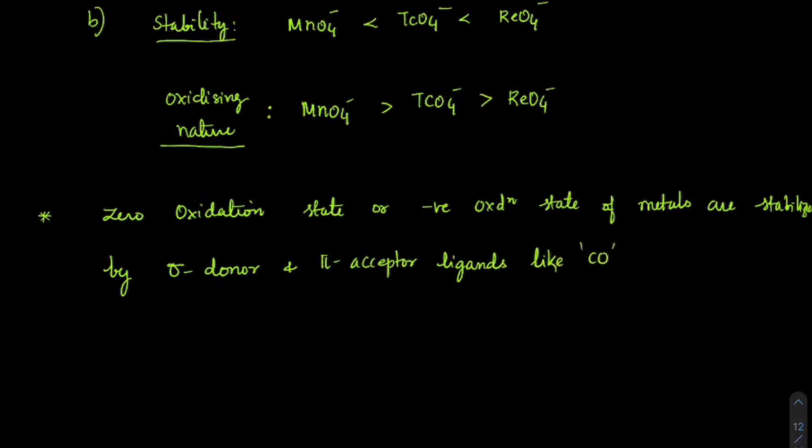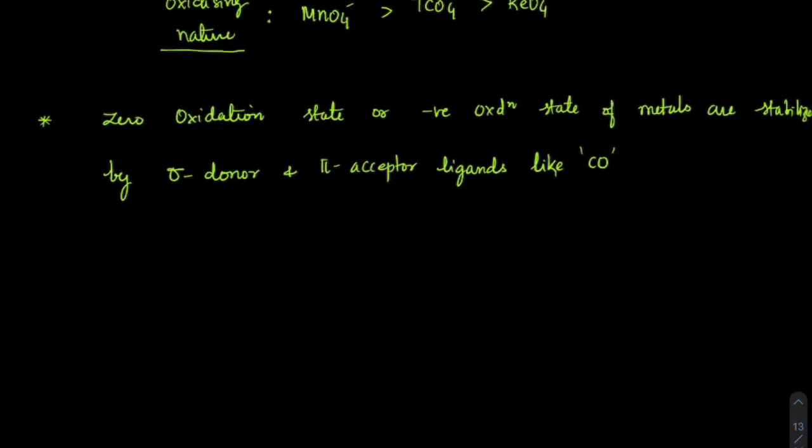This is how the carbonyl compounds are formed. We have already seen that in coordination compounds like Ni(CO)4 and Fe(CO)5. They have zero oxidation state, but they are very much stabilized because of their synergic effect.